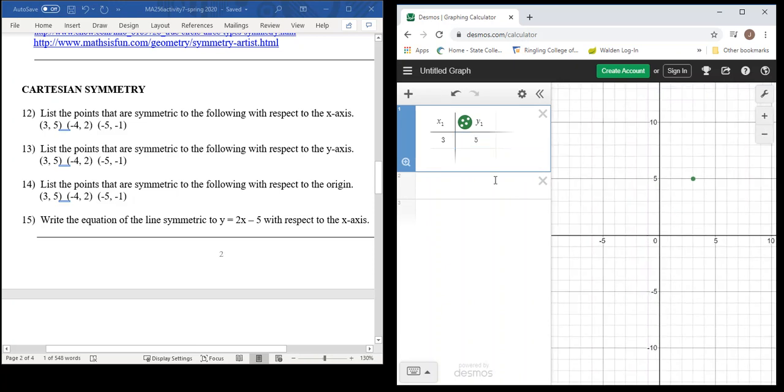Okay. So I can get symmetry about the x-axis, which is this one right here, which means a reflection about it. So what I'm going to type in is 3, -5. And you'll see that reflected, in the sense that the point is the same distance away in the vertical direction. So symmetry with respect to the x-axis has to deal with a vertical component being equal. So we got that.